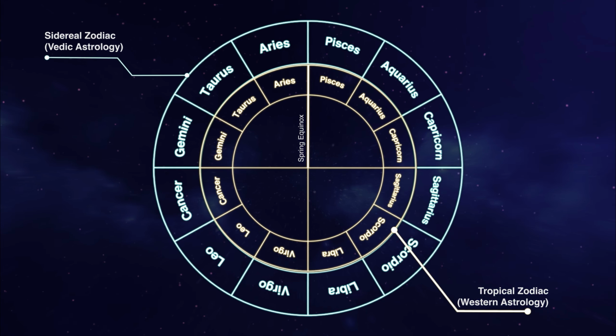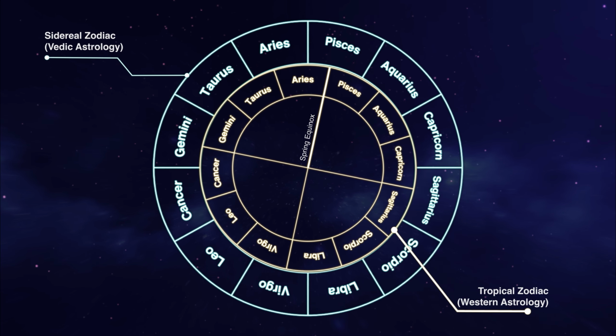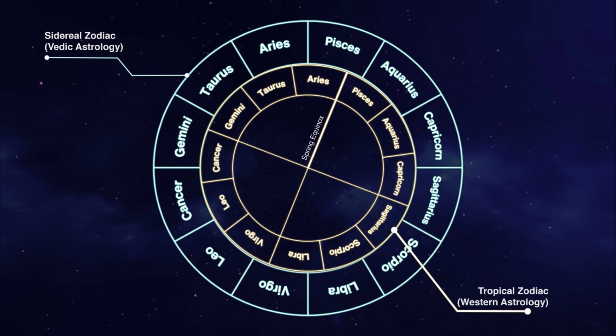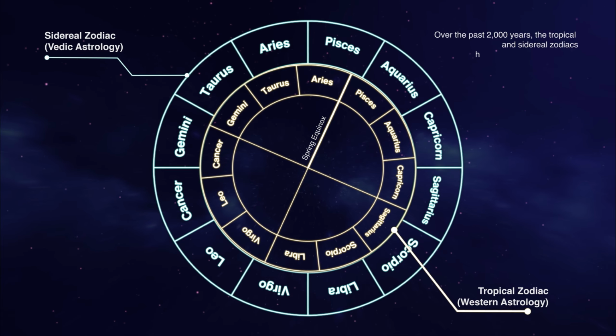It's important to know that when these two systems were first developed, both systems were aligned. However, due to the precession of the Earth's axis, the position of the equinoxes gradually shifts over time. As a result, the starting point of the tropical zodiac also shifts. Over the past 2,000 years, the two reference points drifted apart by almost 24 degrees.